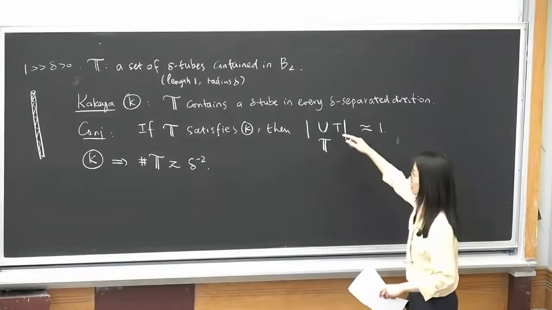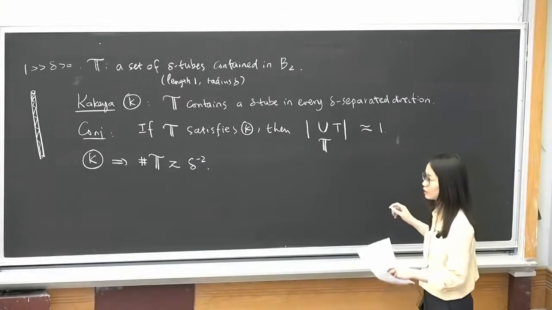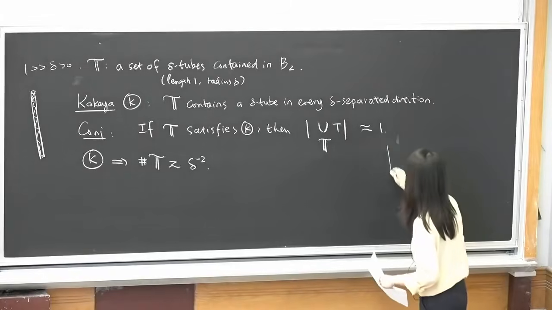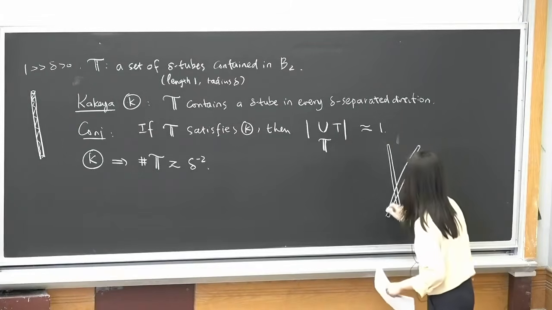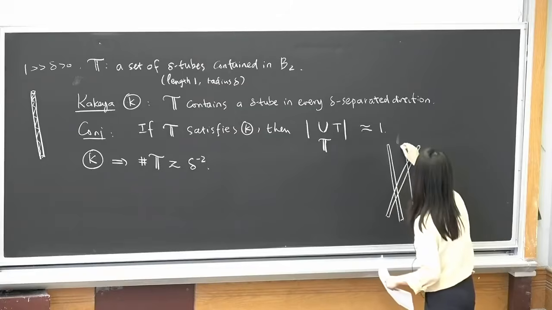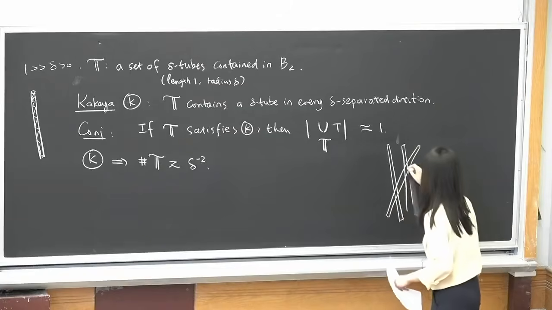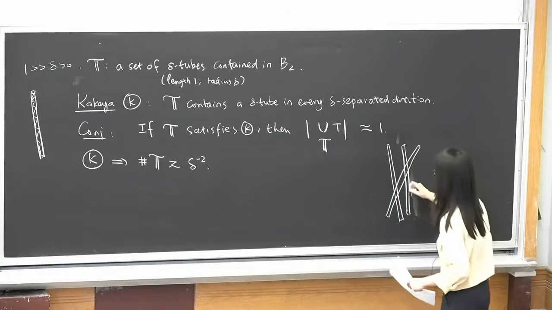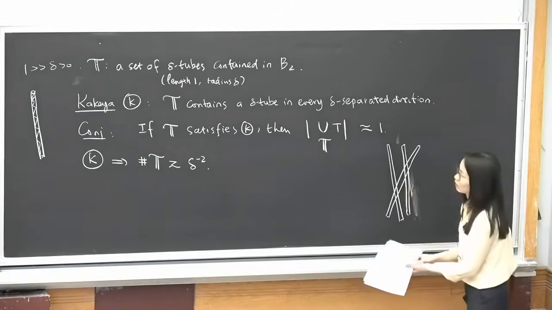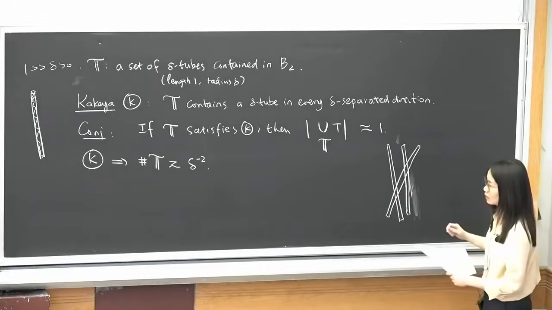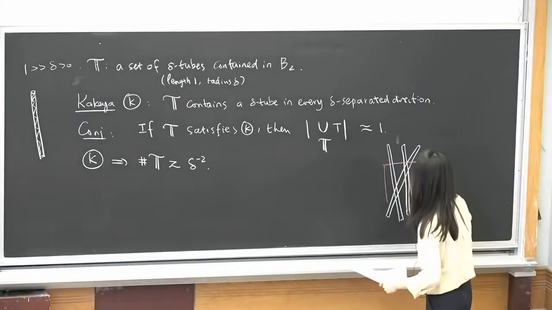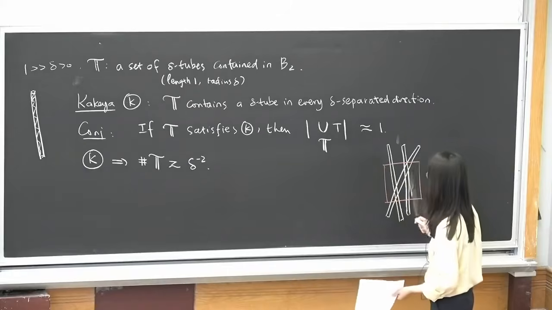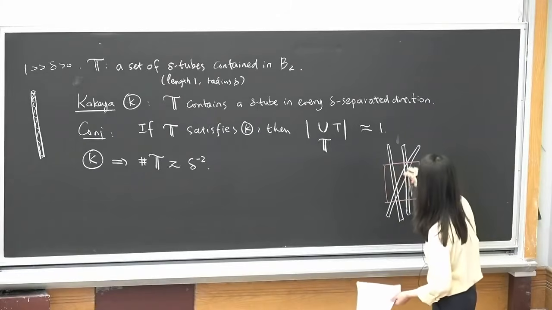But this Kakeya assumption turns out to be very hard to do any induction on. The reason is that if we have a set of delta tubes that contains a delta tube in every delta separated direction, and to do induction on scales we cover the Kakeya set by some smaller boxes, and then we want to run the induction.